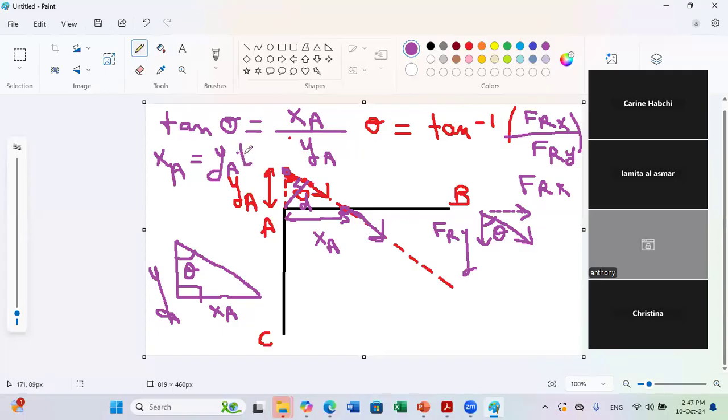And if we want to analyze this, what is the reason for this? Let us replace tan theta by its value. What is tan theta? It's FRX over FRY.